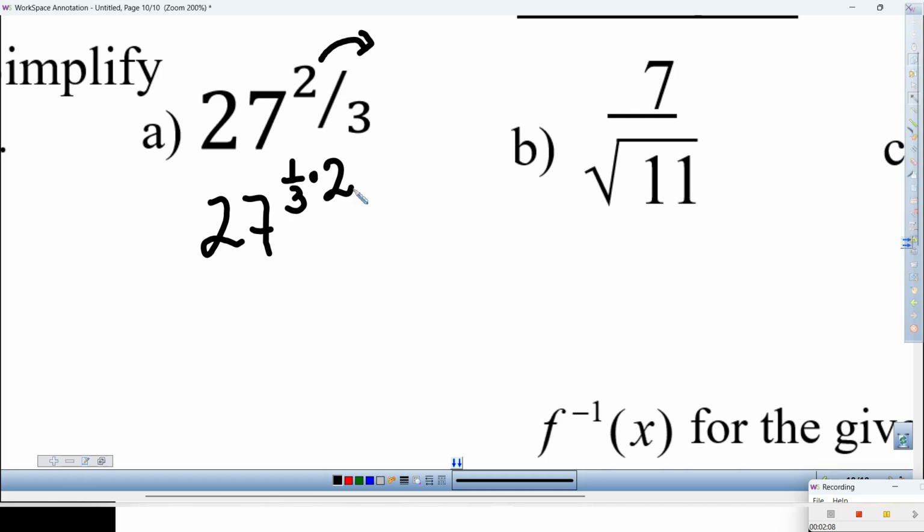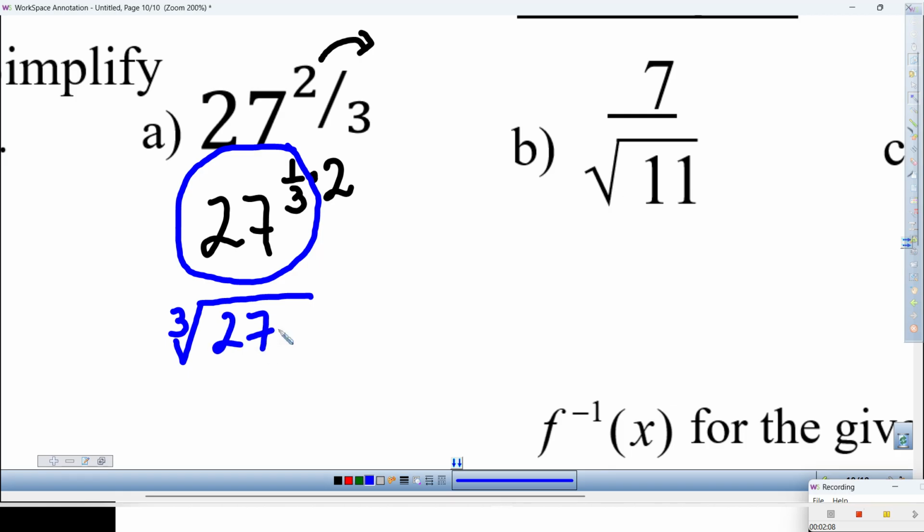Are we there so far? Yes, Mr. Q. All right. Next, I circle this in blue because now I know that this is no longer 1/2 square root. This is 1/3, which is cube root. Cube root of 27.